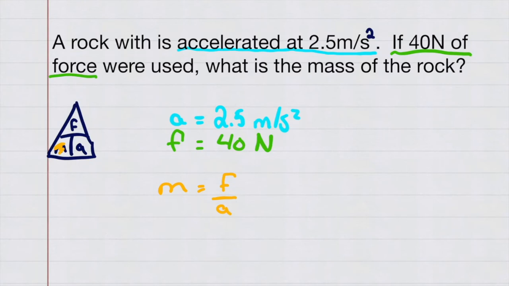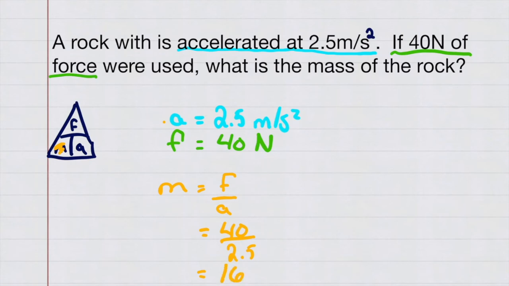So I'm going to take my numbers that I've already listed up here, and I'm going to replace my letters with the numbers. So the F should become a 40. I'm substituting my values right now. And the A should become a 2.5. So this is 40 divided by 2.5, and that's going to give me an answer of 16.